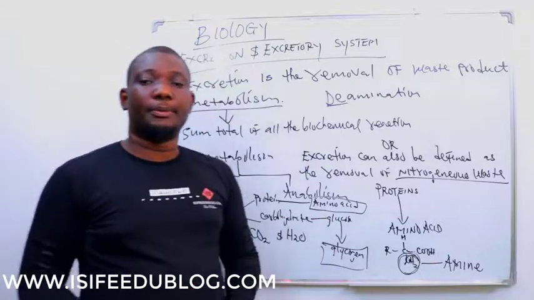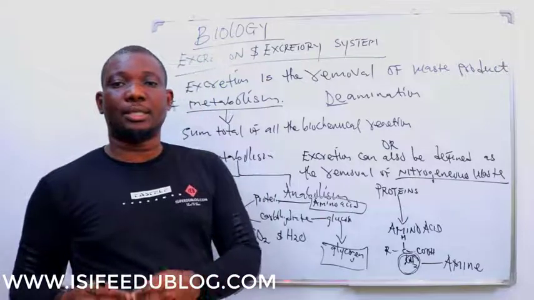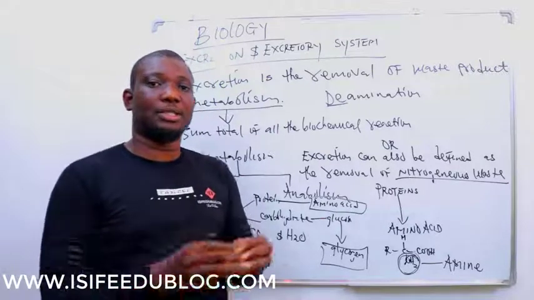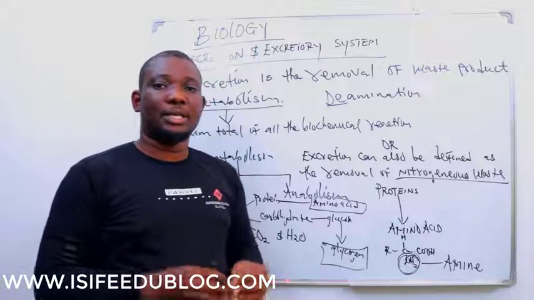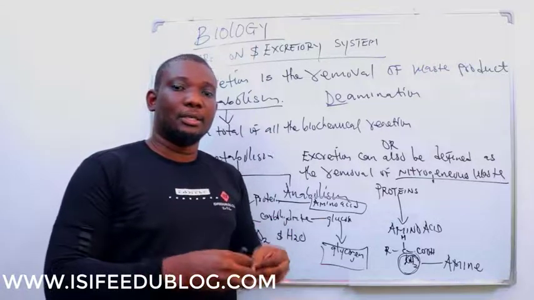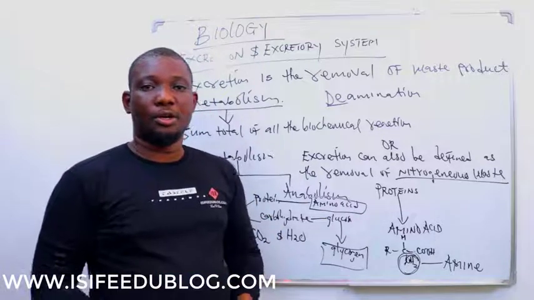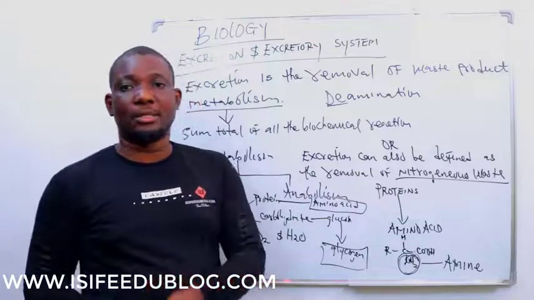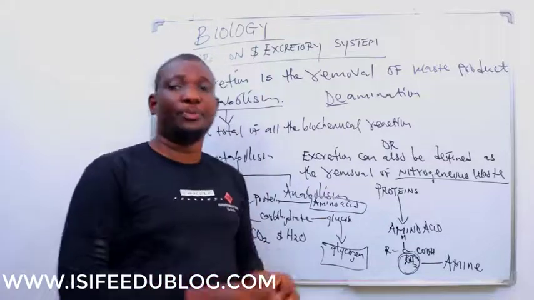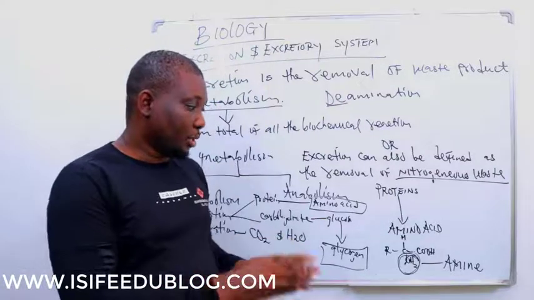One important feature of an excretory system is that excretion helps to get rid of those substances that can increase the level of toxicity in the body, or it can also neutralize some of these harmful substances, rendering them harmless in the body.